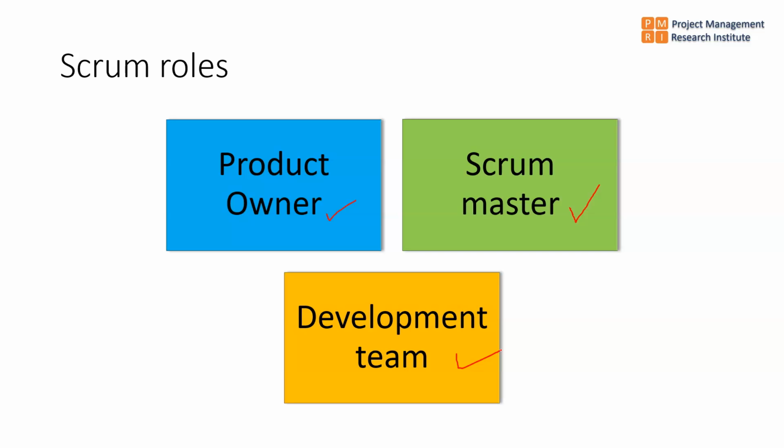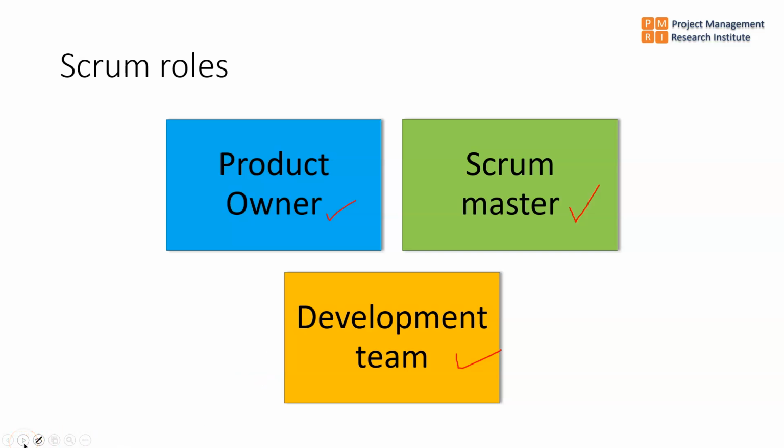Traditionally we are used to testing teams, coding teams, documentation teams, and design teams, and here in Scrum it is just one development team where all these people are part of it. So there are only 3 roles in Scrum: the product owner, the Scrum Master, and the development team.